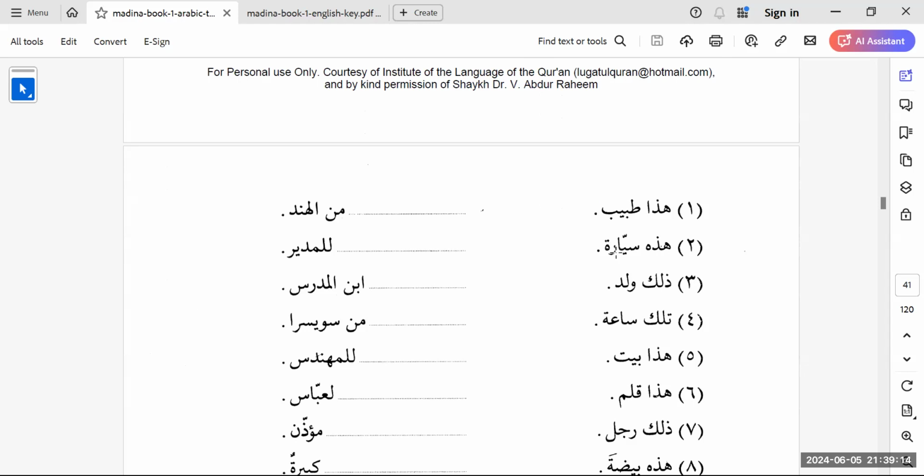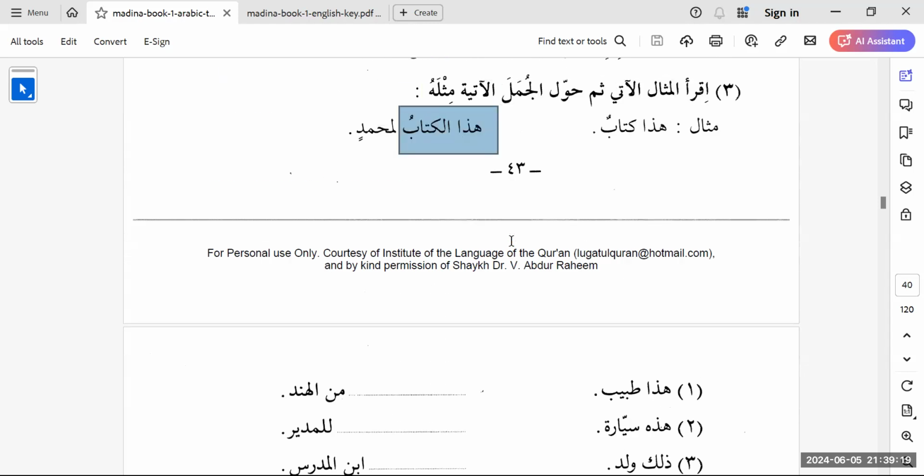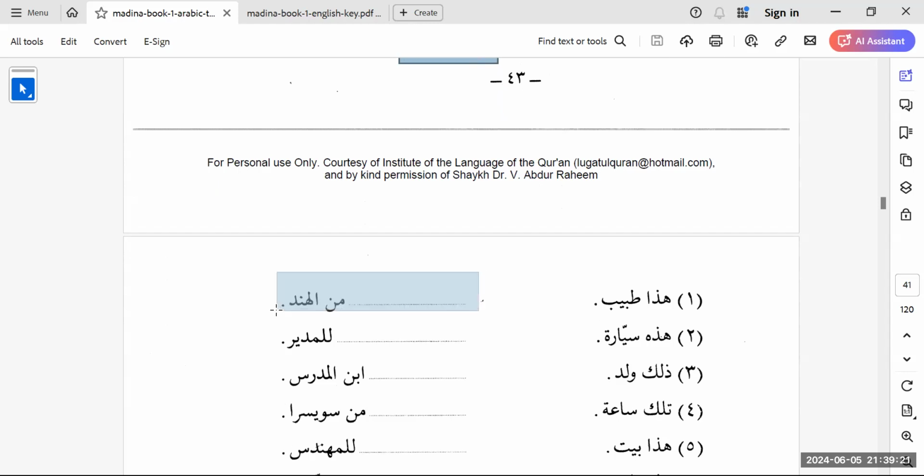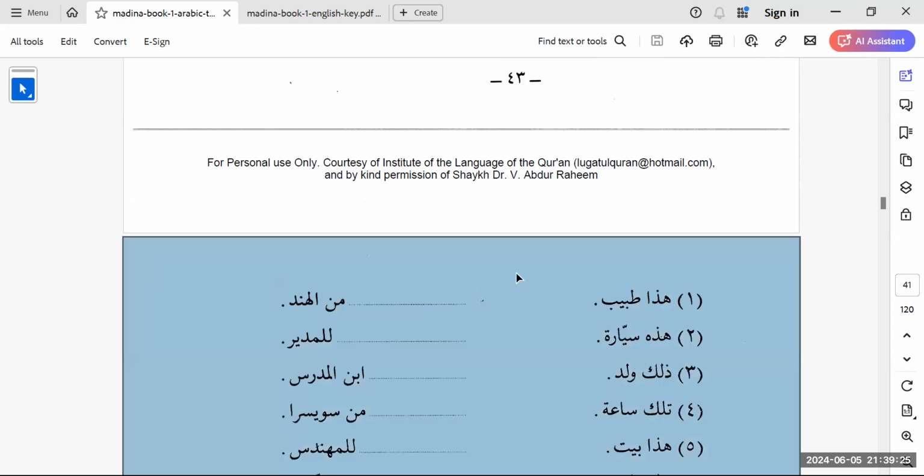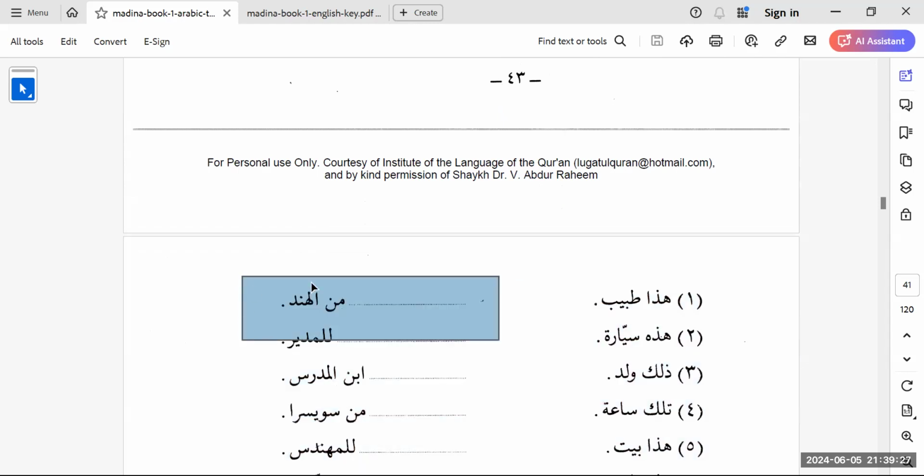So you have هذا طبيب, and what will you do? Who can try this first one? Hamid, Maimuna, actually. هذا طبيب, how would you say it over here? هذا الطبيب من الهند. Yes.